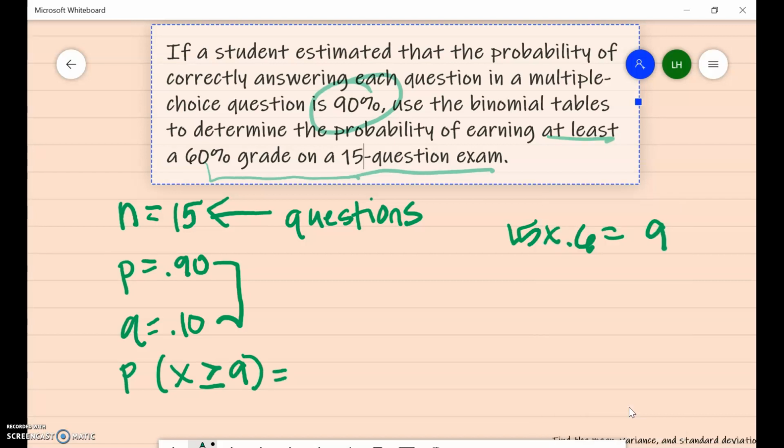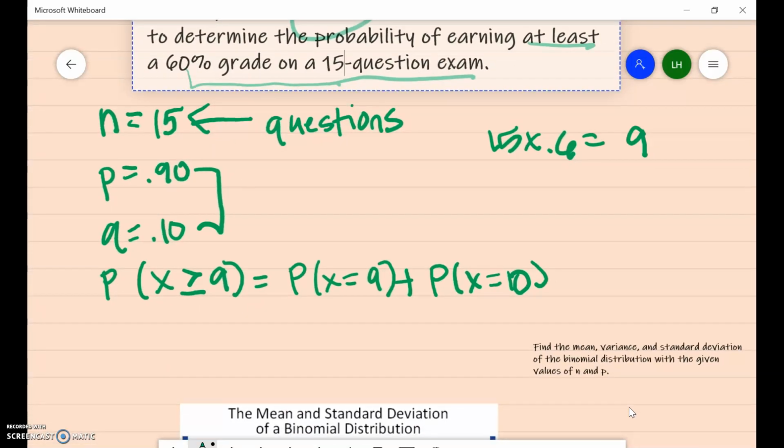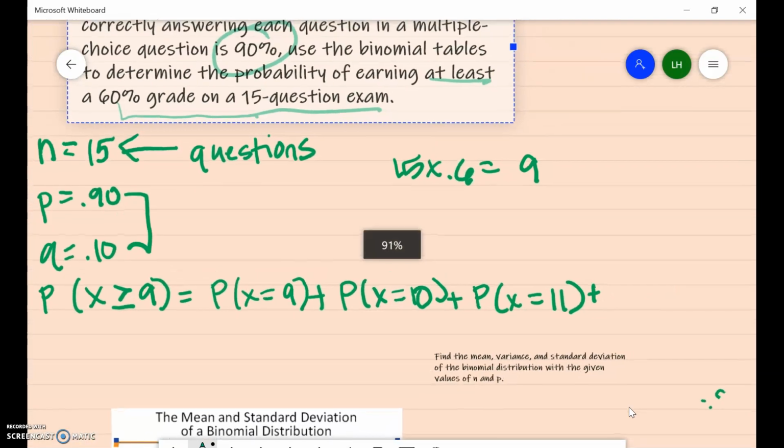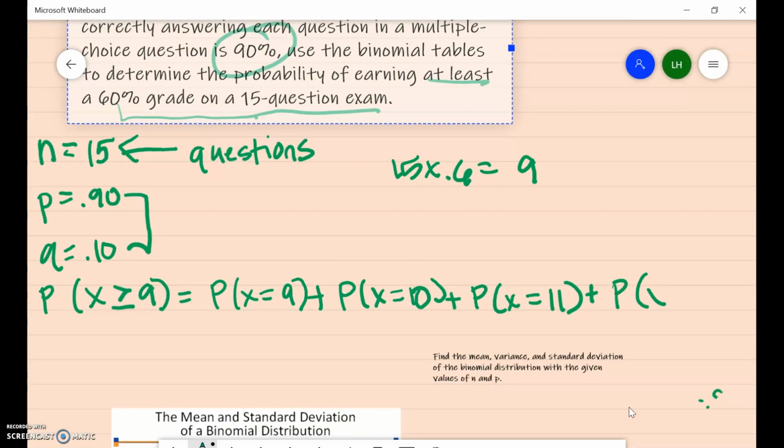So that would be the probability that X equals 9 plus the probability that X equals 10 plus the probability that X equals 11 plus the probability that X equals 12.